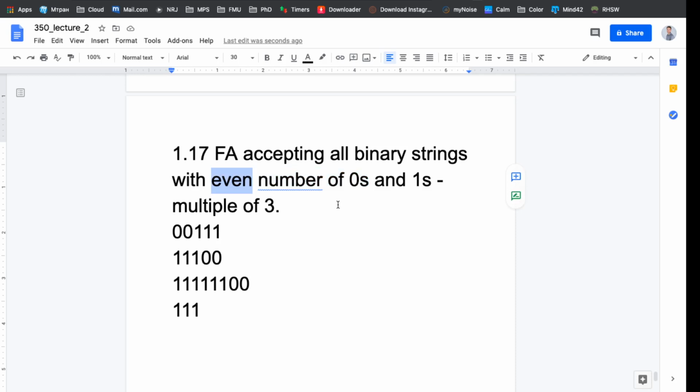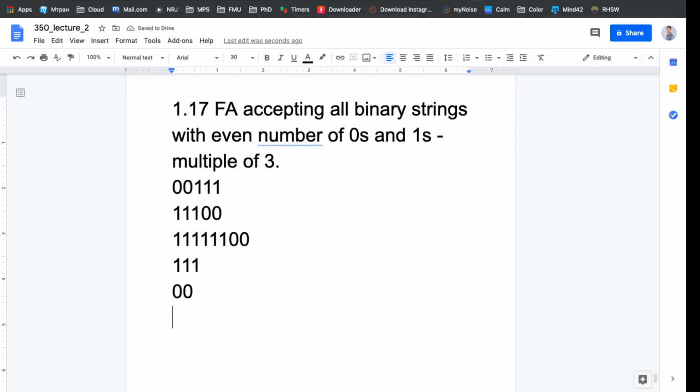So if I have a string without any zeros, that would still work. If I have 0 0, that would also still be accepted because I have no ones, and 0 ones is still a multiple of 3, so that should be good. Yeah, so I just wanted to give you a hint with this. Not going to spoil the whole fun.